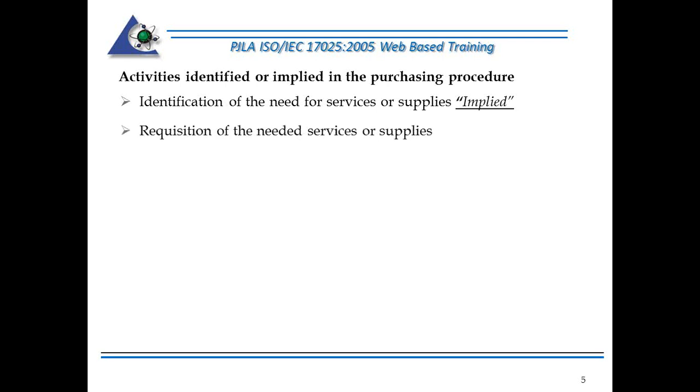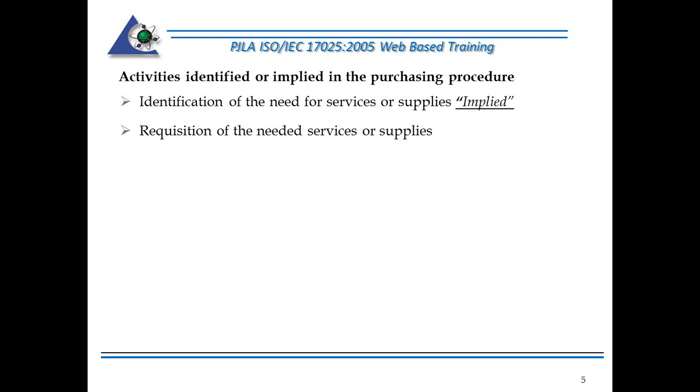Okay, we have the implied action that's taking place. Someone in the laboratory identifies the need for services or supplies. If this is a technician, perhaps he is using some reference materials, perhaps some chemicals, perhaps calibrating a pH meter with standard pH solutions, and he notices that the bottles are getting low and they need to replenish the reference materials.